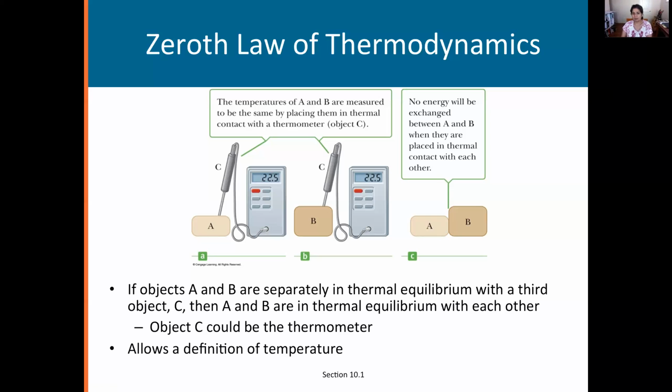But this allows us to define a temperature and temperature scale. So it's important, okay? There are 3 laws of thermodynamics, first, second, and third, and this is the zeroth law, in addition to those 3 laws. The other 3 laws of thermodynamics we will come to in chapter 12.